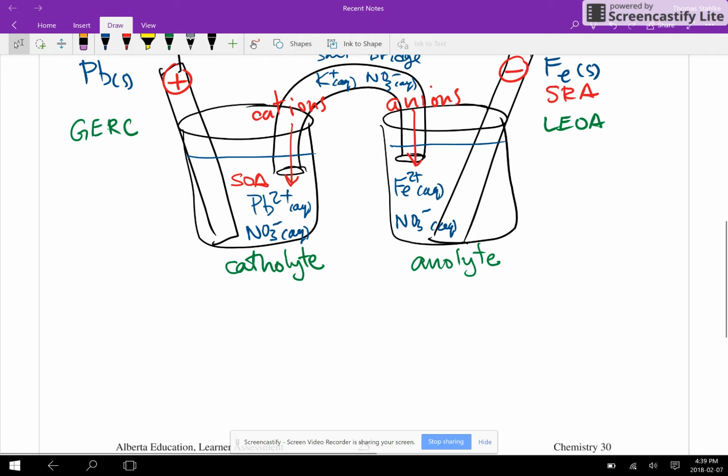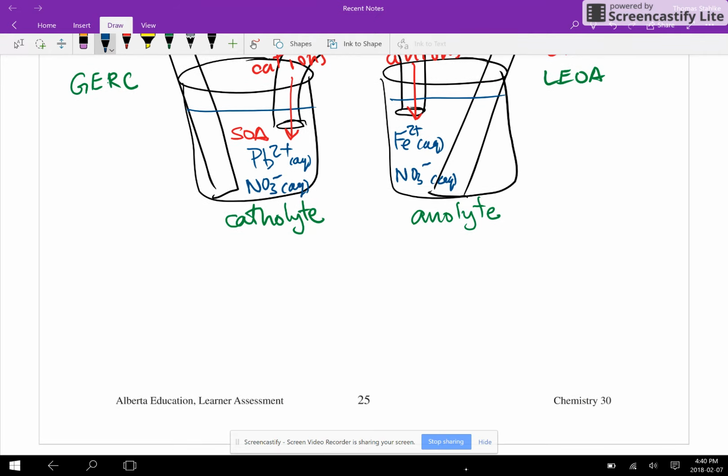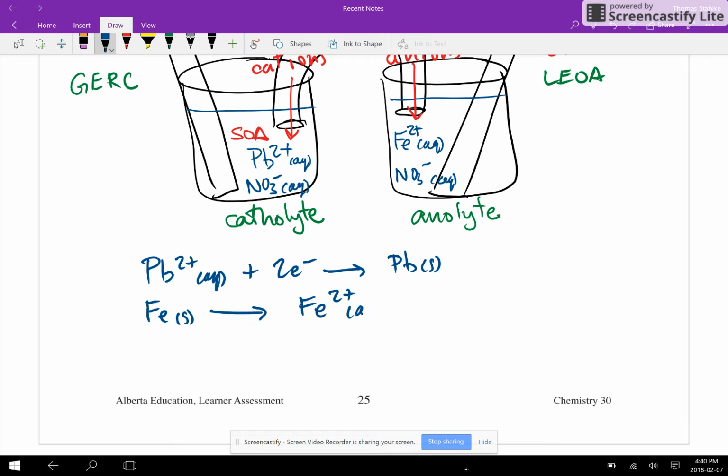Okay, now I'm going to just move down here and I'm going to write the half reactions. So the first one I'm going to write here is the lead 2 plus ion, which is going to gain 2 electrons to form lead solid. That's the gain of electrons that's happening at the cathode. And then the iron, I'm writing this reaction in reverse, is losing electrons to form aqueous iron ions.